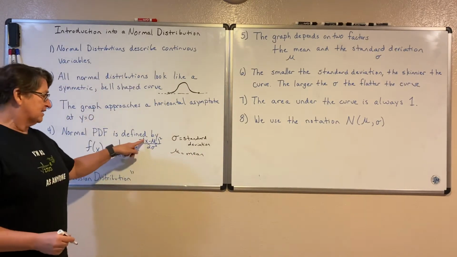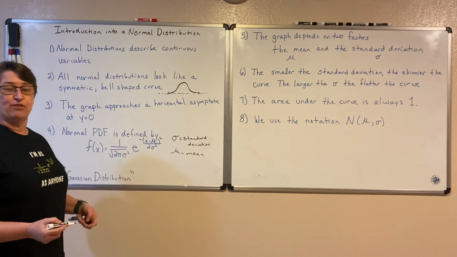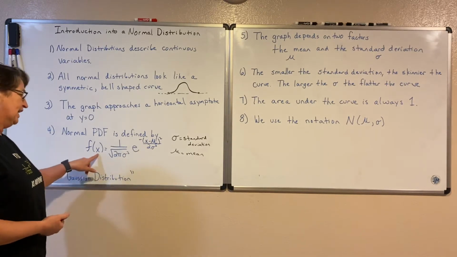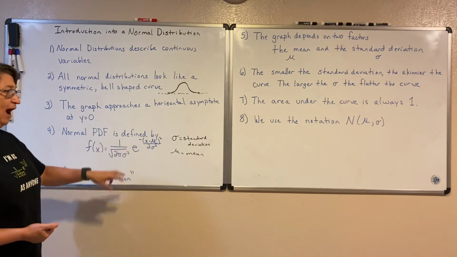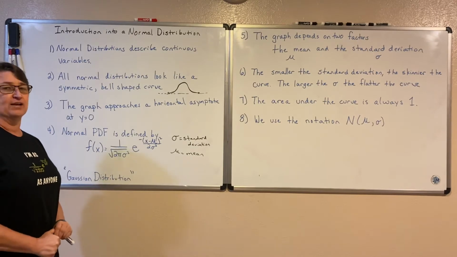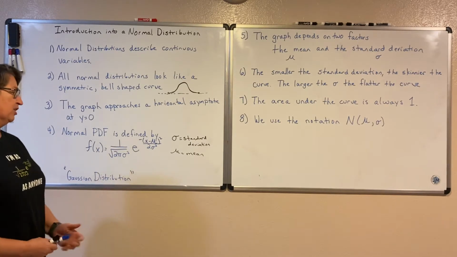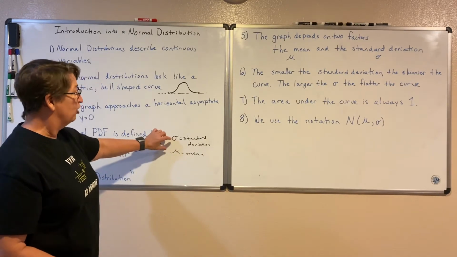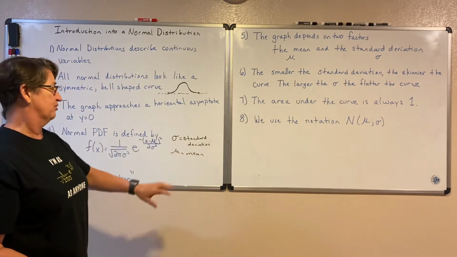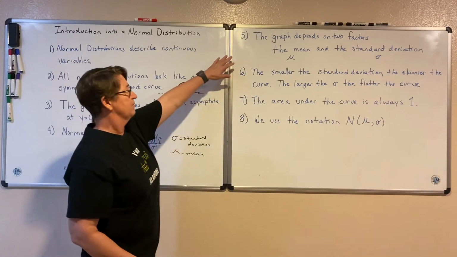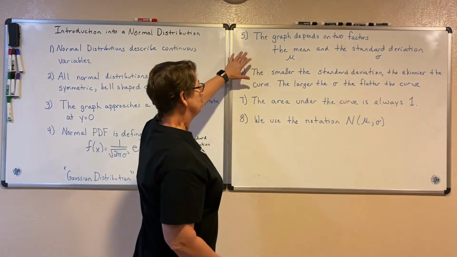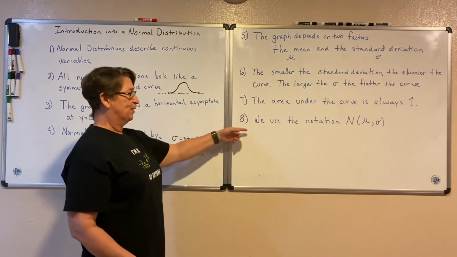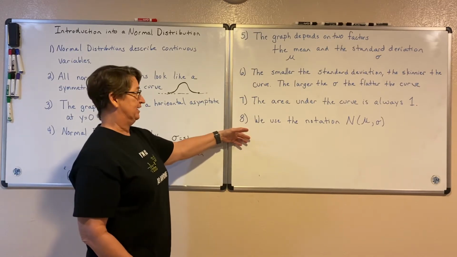And then the x is a specific variable that we are looking for. That's our input, and then we get out our output that helps us to define this function. But this function is dependent upon those two factors, the mean and the standard deviation. That's going to be important, especially in the way that we notate things.